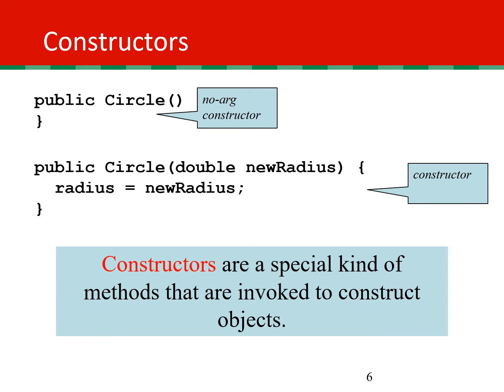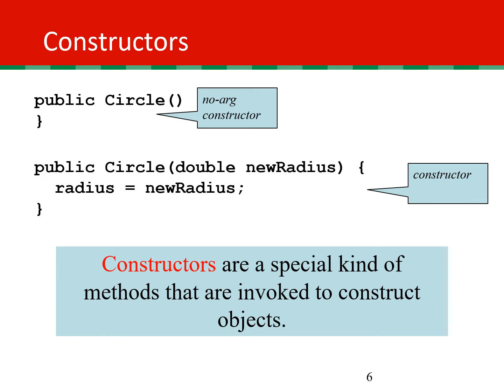So in this example, we are writing it, right? So we have public circle. So let's say you don't have this, it's also okay, no worries. Okay, you can still call circle like this without no argument. So this is called no argument constructor, right?